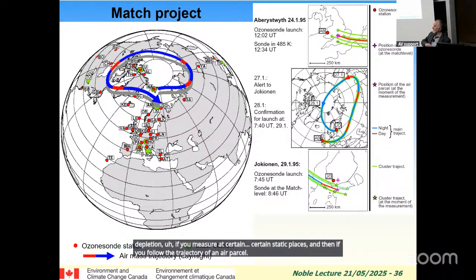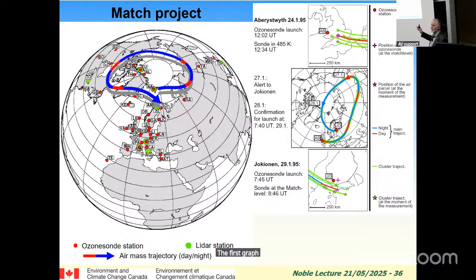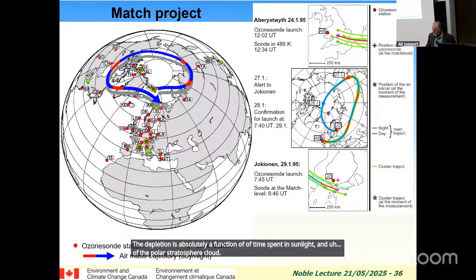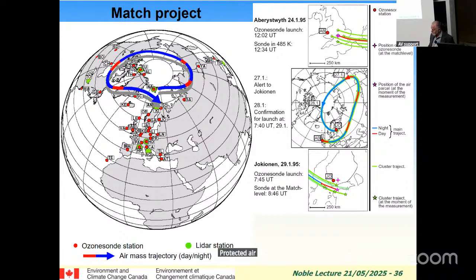The first graph is just all over the place, and in the second one, everything lines up on a straight line. The depletion is absolutely a function of time spent in sunlight and of the polar stratospheric cloud affected air. And so that's been going on for about 30 years.